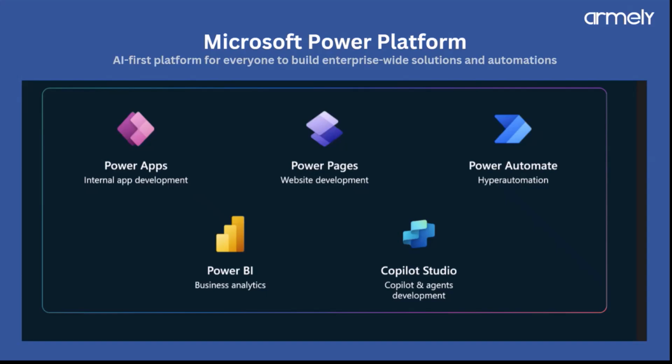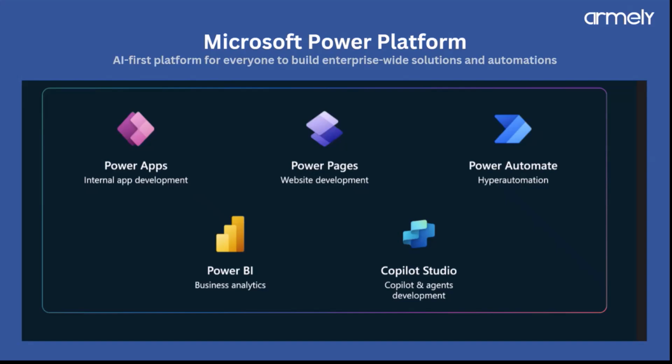And as an introduction of what Power Platform is, this is like an all-in-one platform for everyone to build solutions and automations. So within Power Platform, we have Power Apps, which is for internal app development, Power Pages for websites, Power Automate, which we'll discuss in depth for automation, and then Power BI for business intelligence, and we now have Copilot Studio, which is for agents.